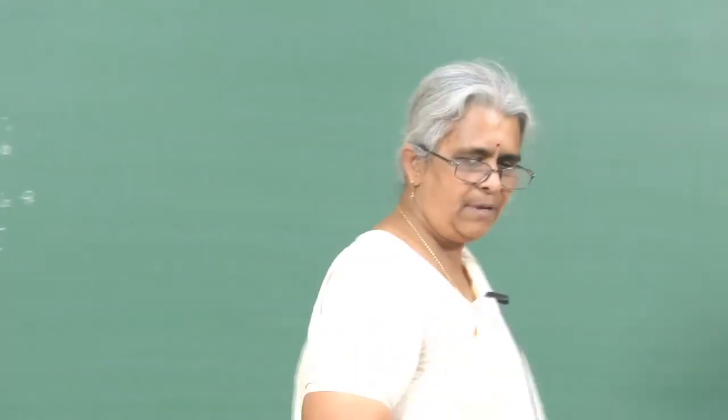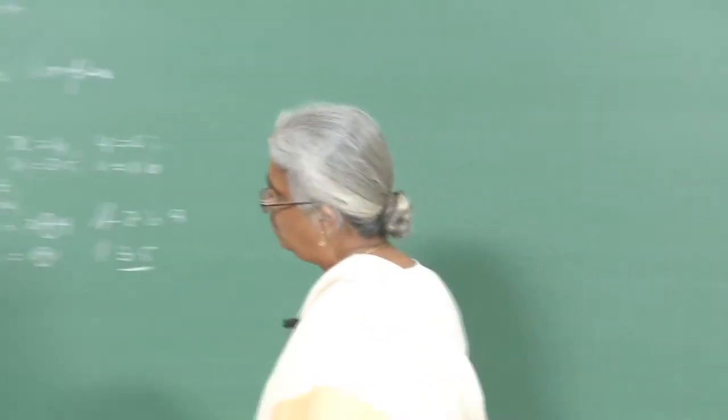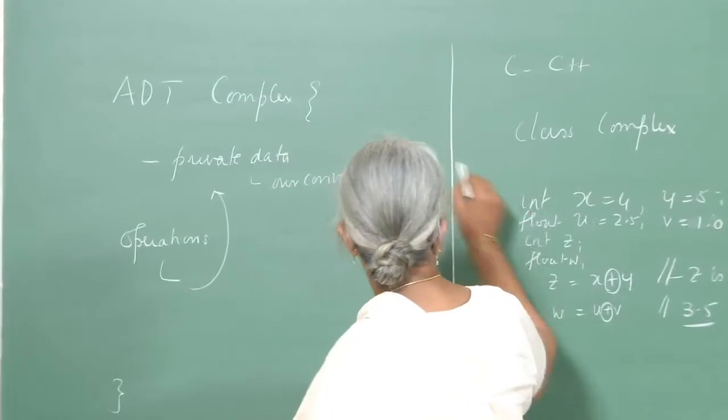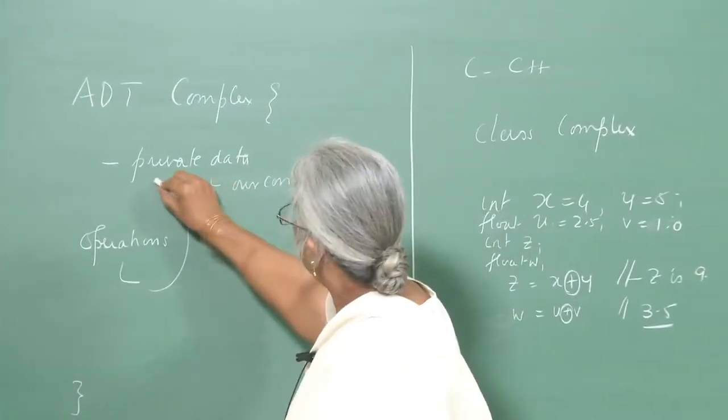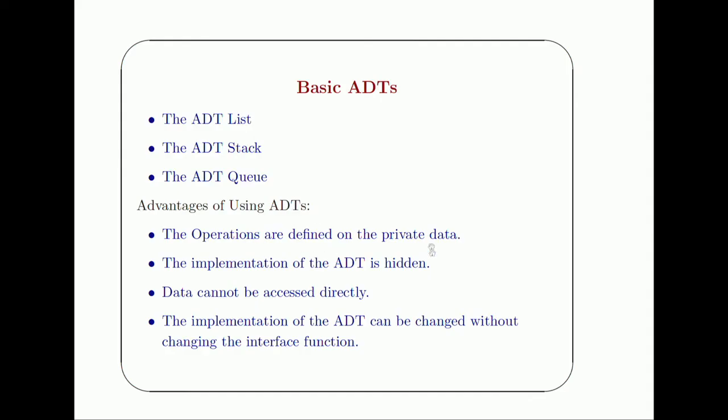There is another very big advantage that we also see. When we say class complex here, we have this private data, and what is interesting is that the operations are actually defined only on the private data. How complex has been stored inside that data structure is completely hidden from the user, and the data cannot be accessed directly.